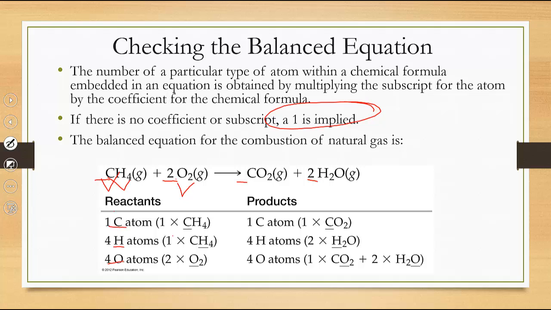On the right hand side, we have 1 times 1 carbon, 1 times 2, which is 2 oxygens. However, we have 2 over here as well with a plus sign between them. That gives us 4. And then we have 2 times 2, which makes 4 hydrogens. The left side and the right side are the same.